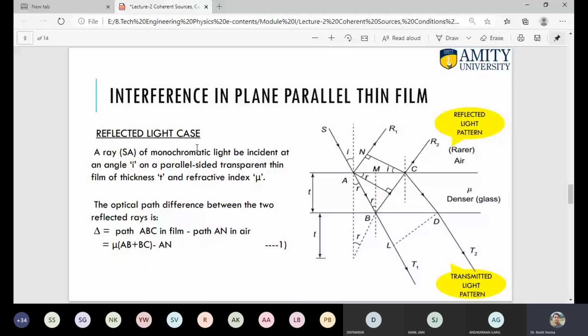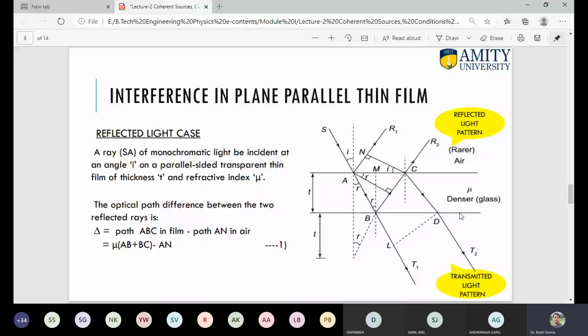Now we have to discuss this in detail also. This is in your syllabus: interference in plane parallel thin film. Suppose S is an extended source of light, like the sun, and a light ray SA originates from the light source S and is incident on the surface of an oil film.